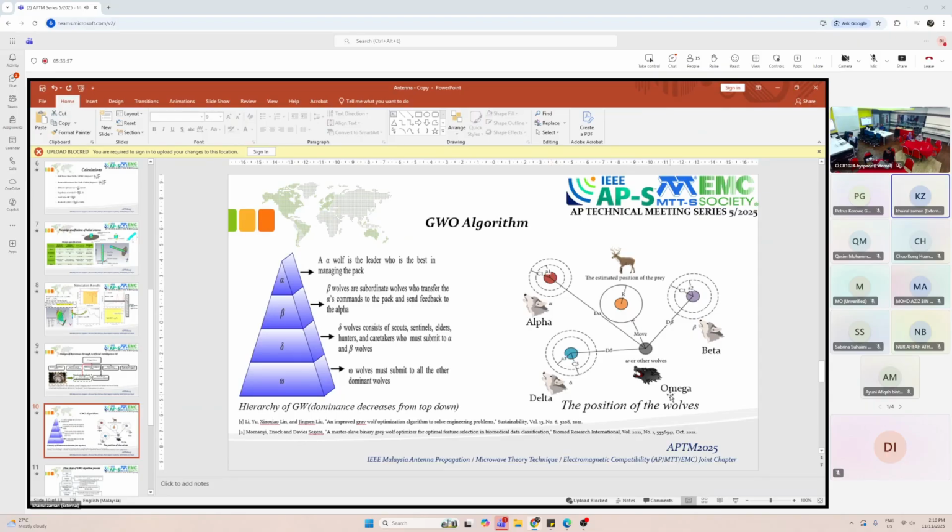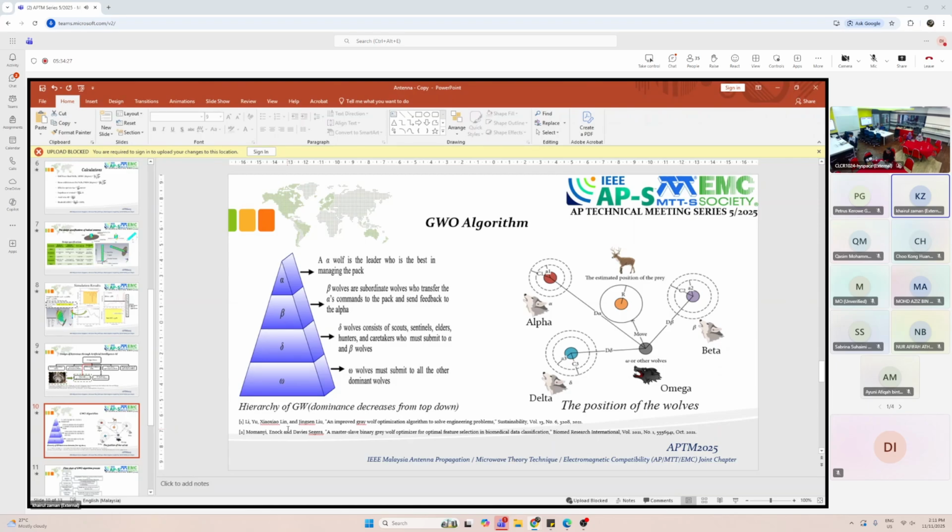Omega is another type of wolf that submits to the other dominant wolves. So from here we can see the hierarchy of GWO. There is no sigma in it. Sigma is one of the family group, but outside of the GWO hierarchy, because sigma actually hunts alone, an independent wolf.